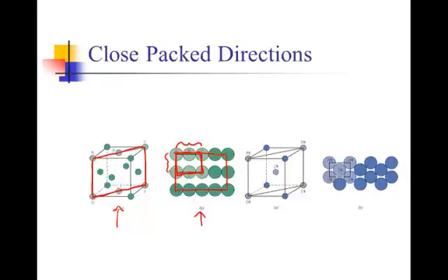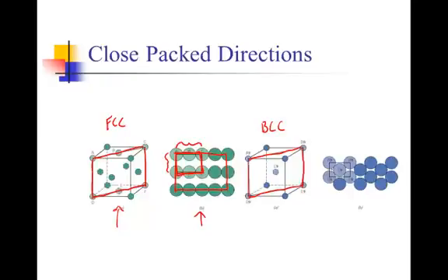And we have different crystal structures that will have a different number of close packed directions. For example, this other crystal structure, if we take a cross section diagonally through, this is body centered cubic, this is face centered cubic.